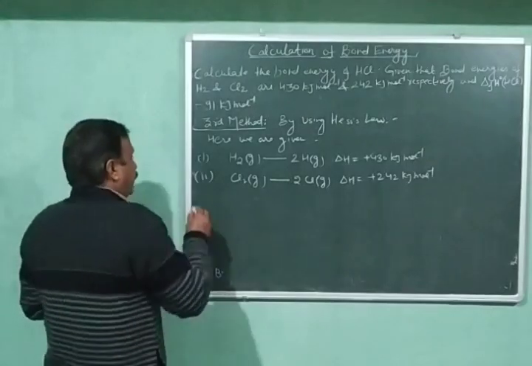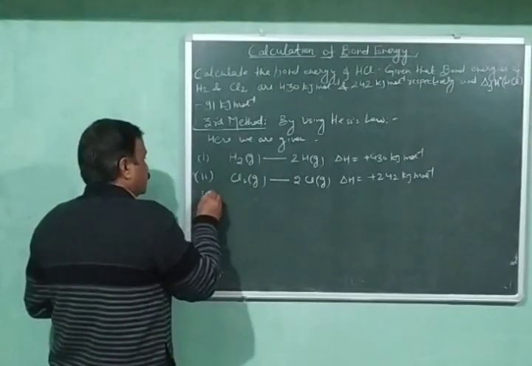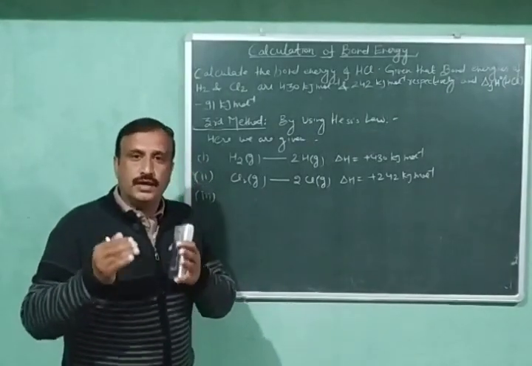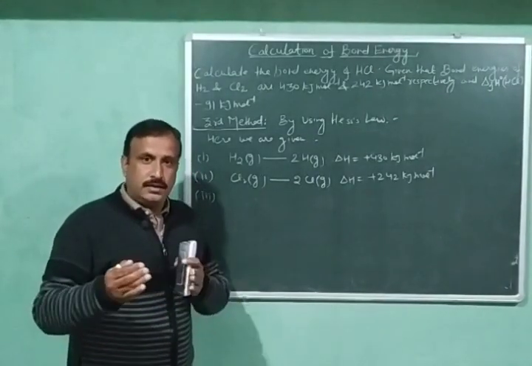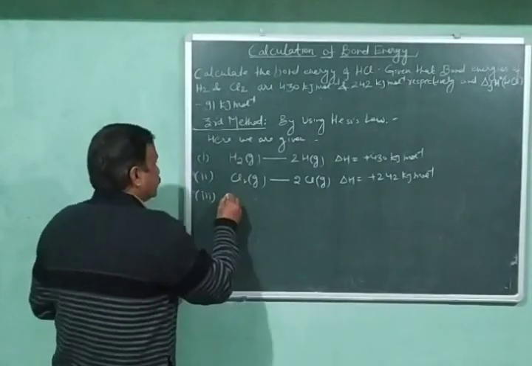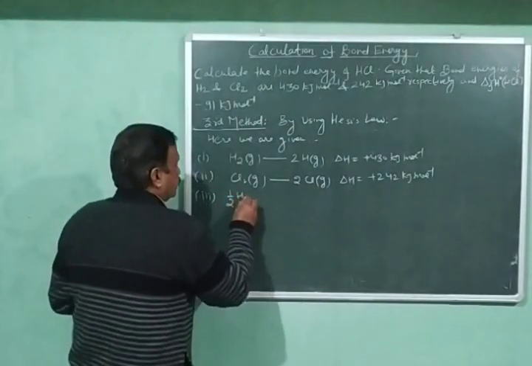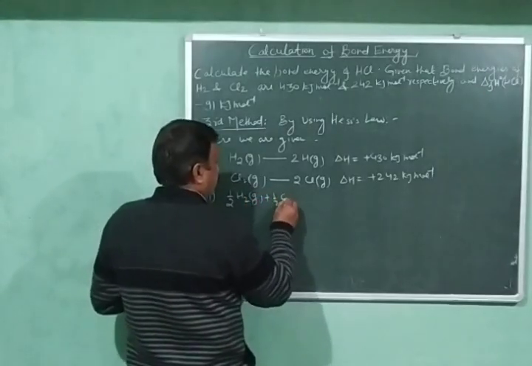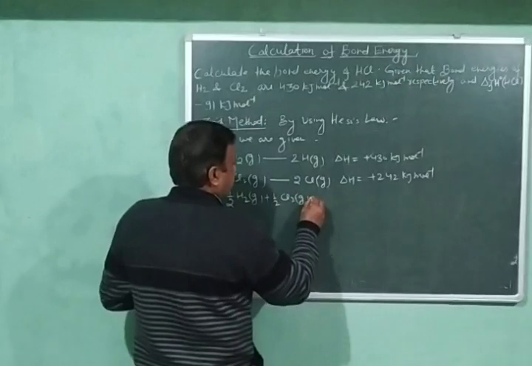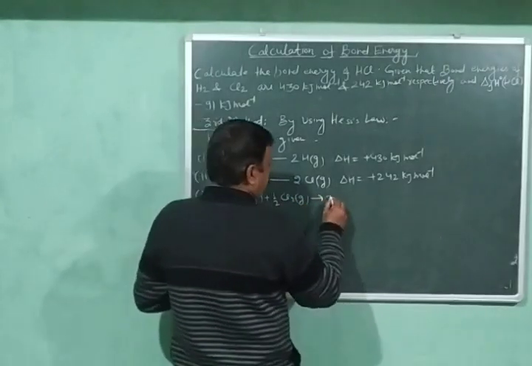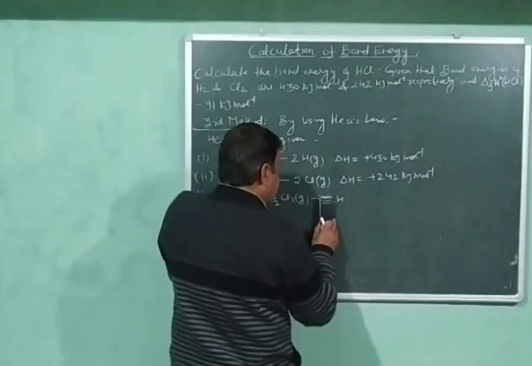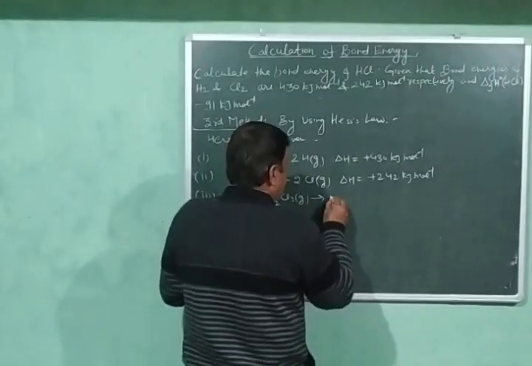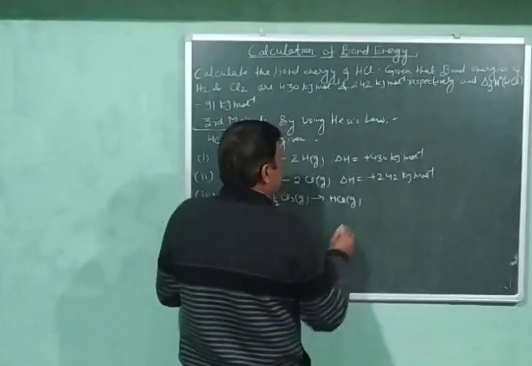Okay, and I will also write here equation number 3, which will be for the formation of 1 mole of HCl, as I explained in the previous method, that is half H2 gaseous plus half Cl2 gaseous, giving us 1 mole of HCl gaseous.